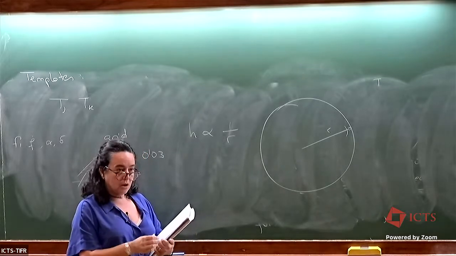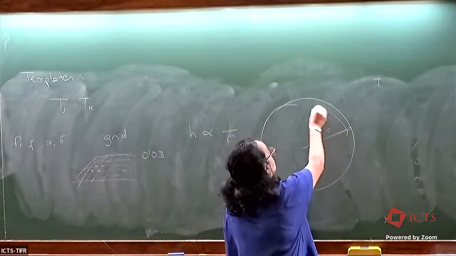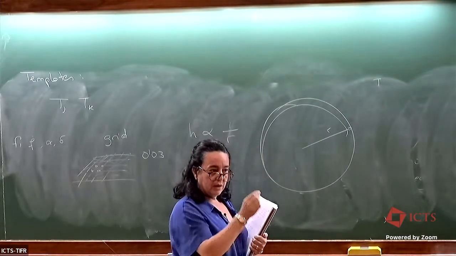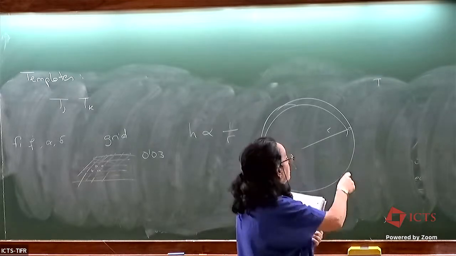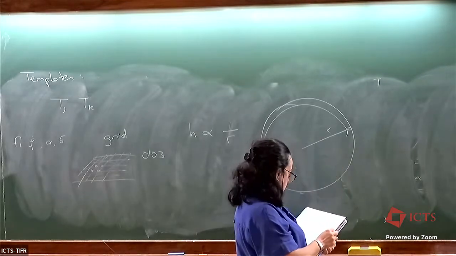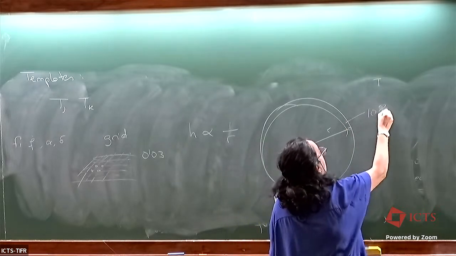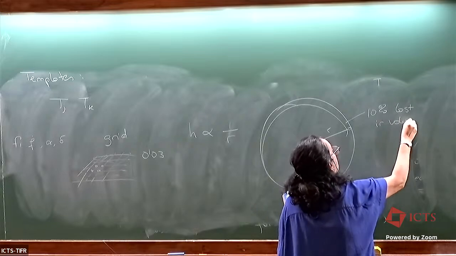And a loss of 3% in the distance, if I now want to compute the loss in volume, is going to scale as r to the cube. And then this 3% loss basically is going to imply a 10% loss in volume.